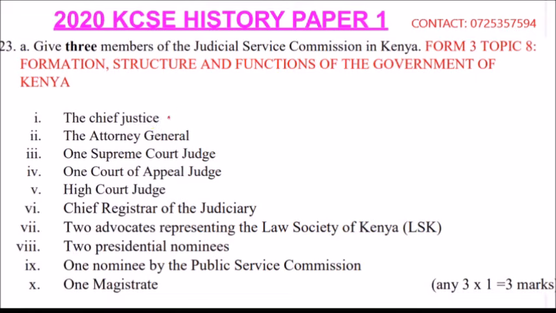So these are the Chief Justice, who is the head of judiciary, the Attorney General, 1 Supreme Court judge, 1 Court of Appeal judge, 1 High Court judge, the Chief Registrar of the Judiciary, 2 advocates representing the Law Society of Kenya, 2 presidential nominees, 1 nominee by the Public Service Commission, 1 magistrate. So those are 10, but you need to name 3. Each is awarded 1 mark, so that totals 3 marks.